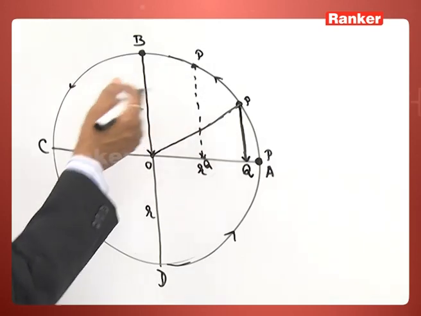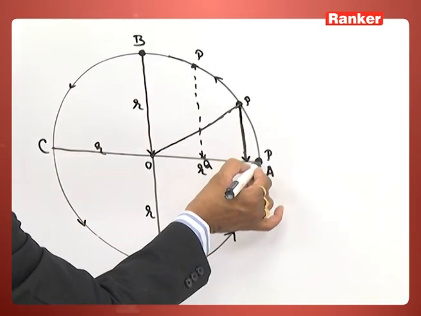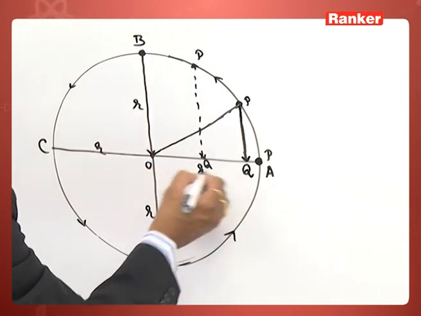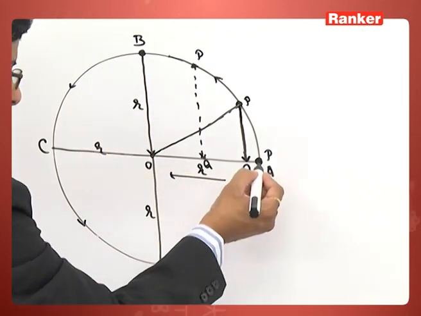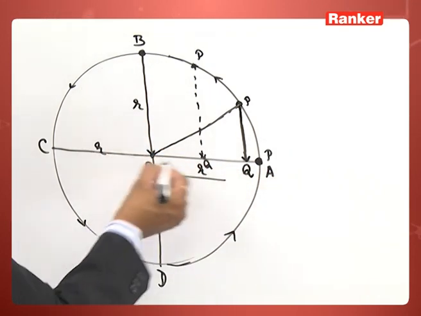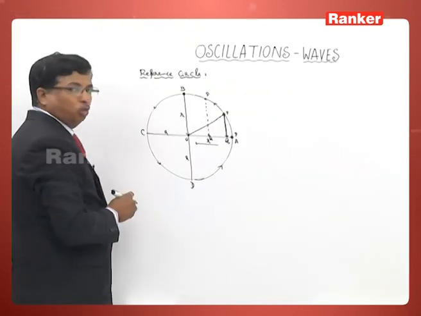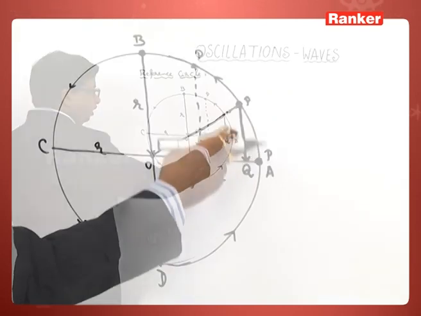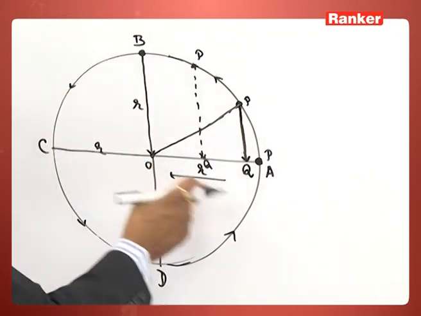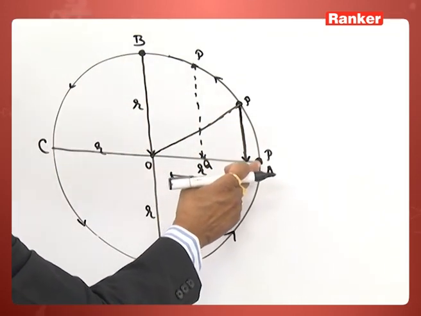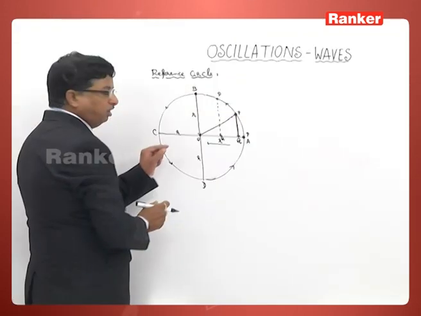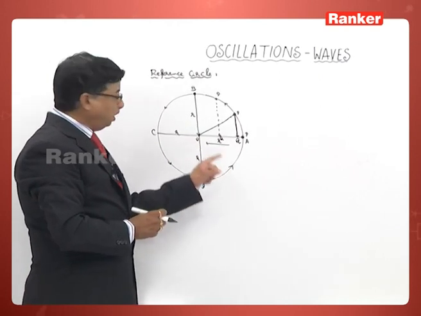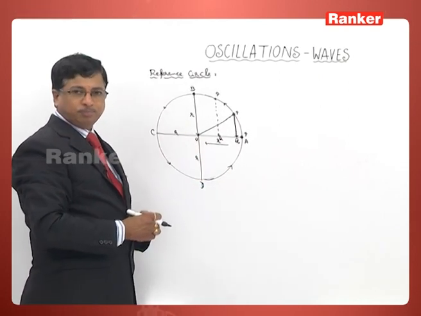When the point moves from A to B, the foot of the perpendicular moves a distance equal to PO. That means, when it completes 1/4 of a rotation, the foot of the perpendicular completes a distance equal to the radius and reaches the center of the circle.